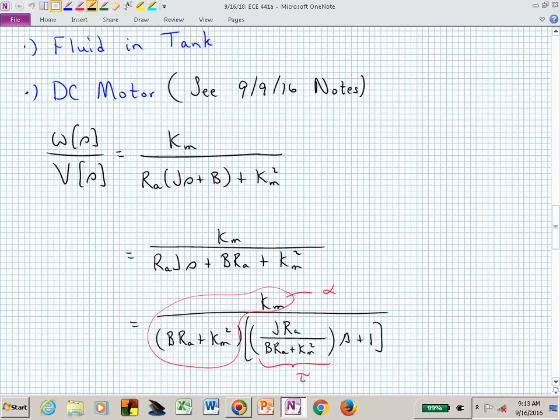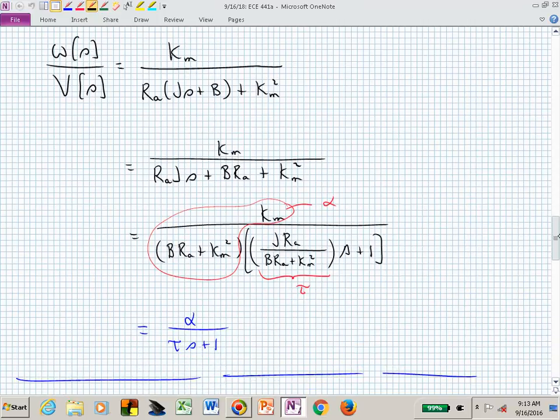So that now we again have this alpha over tau S plus 1 as our model for a first order DC motor's dynamics. And it's first order because we're only concerned with the transfer function between the applied voltage and the rotational velocity of the shaft, not the angle of the shaft, but how fast it's spinning.